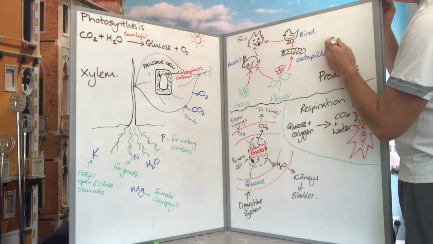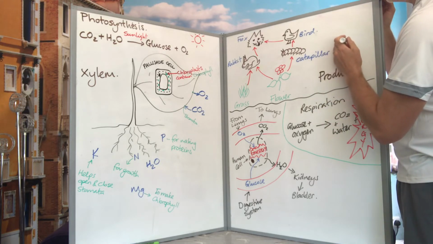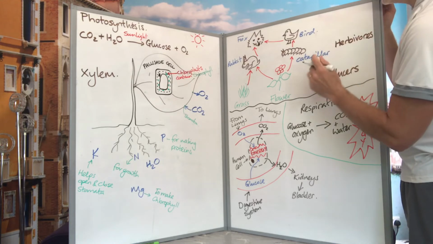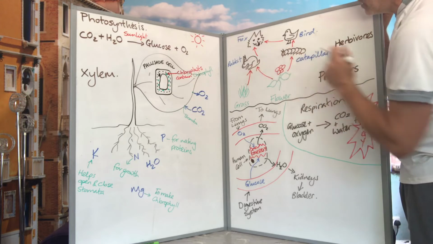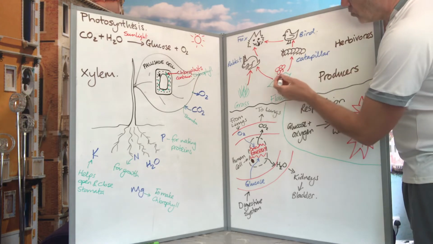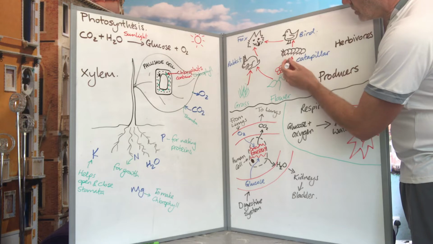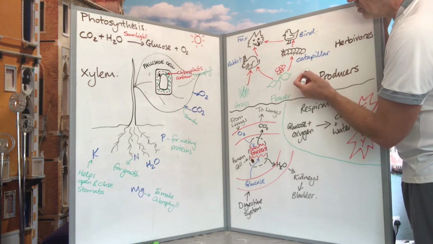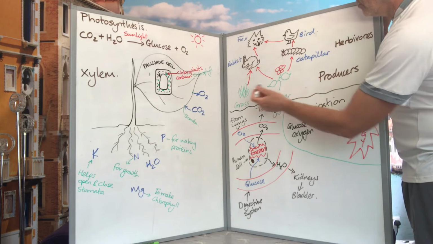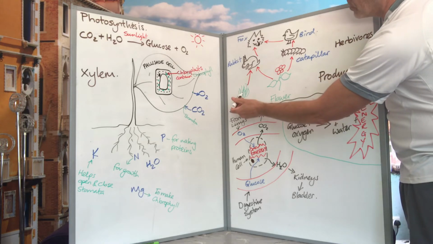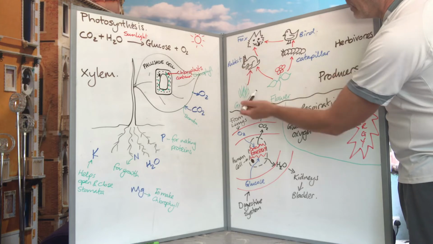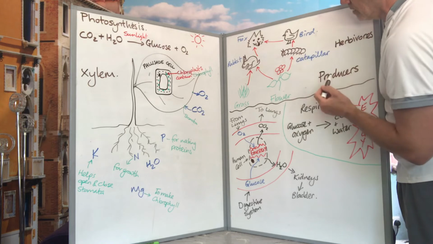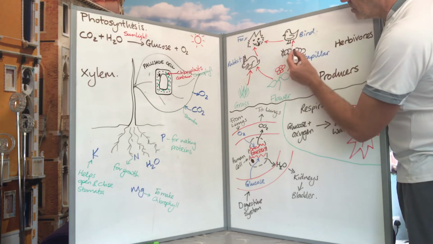Then we have herbivores, which eat the plants, so caterpillars, rabbits for instance. So we draw arrows towards the thing that is eating the original organism. So for instance, the energy from the grass goes into the rabbit. The energy from the flower goes into the rabbit, into the caterpillar, and consumed by them.